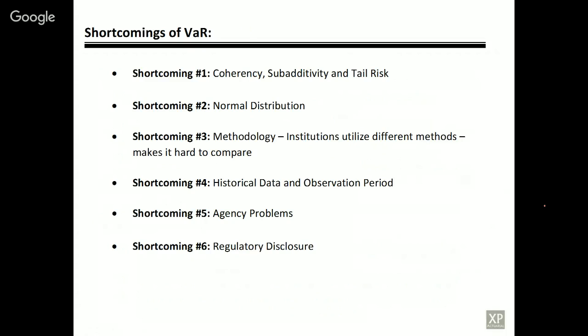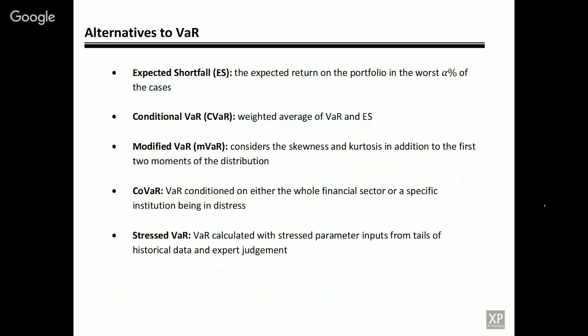So can you really be sure about a company being secure and comparing regulations between companies when they're using different models? Some alternatives to VAR: we have the expected shortfall, or the CTE, the conditional VAR, the modified VAR, the co-VAR, and the stressed VAR. I would memorize each of these, as a potential question would ask you to list alternatives to VAR.